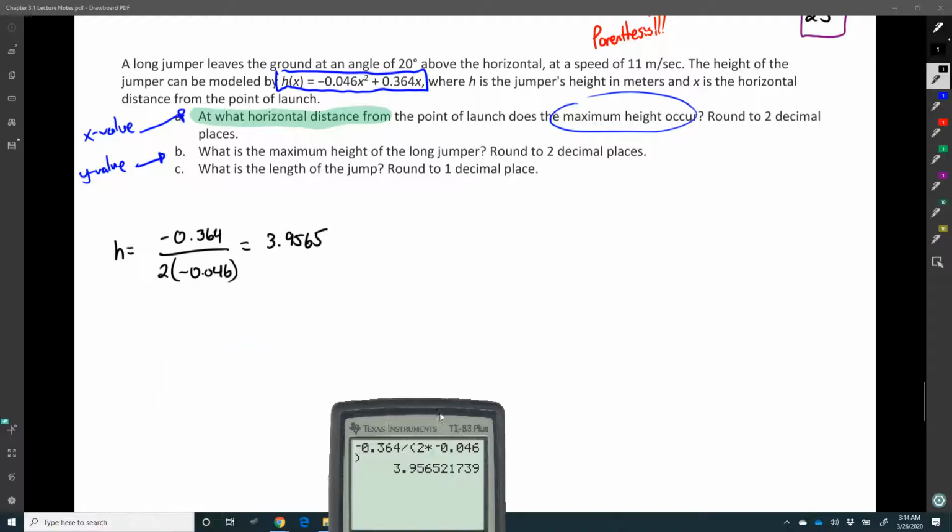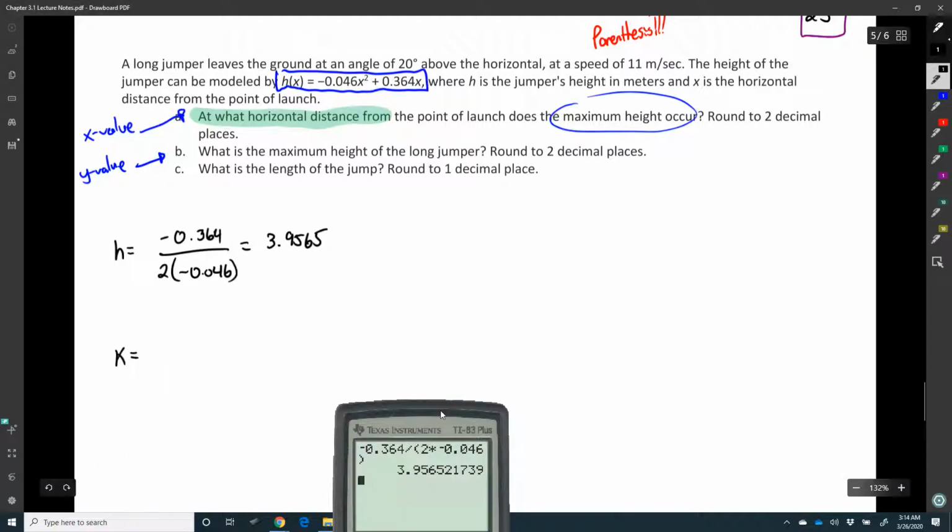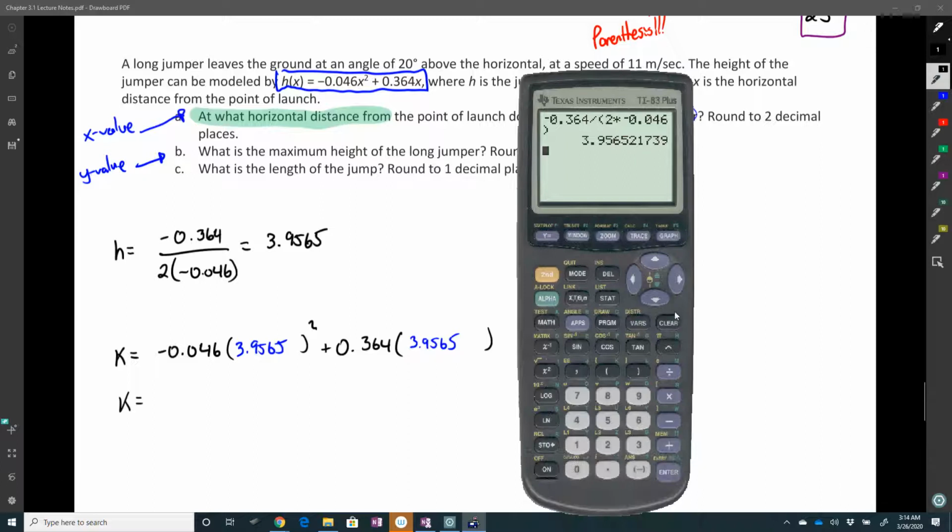Now I'm going to find k, and all I have to do is plug it in. So negative 0.046 squared plus 0.364, and that's where you plug in your number, 3.9565. If you're using your calculator, you can take advantage of second answer for the answer you just got, and it saves all the decimals.